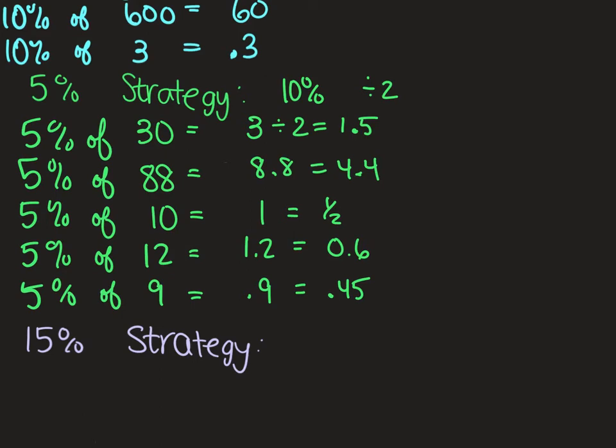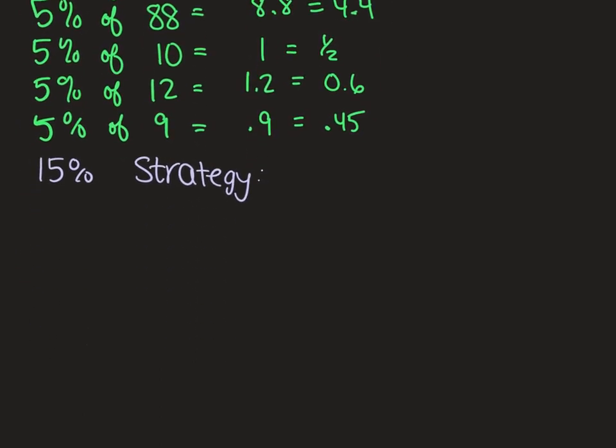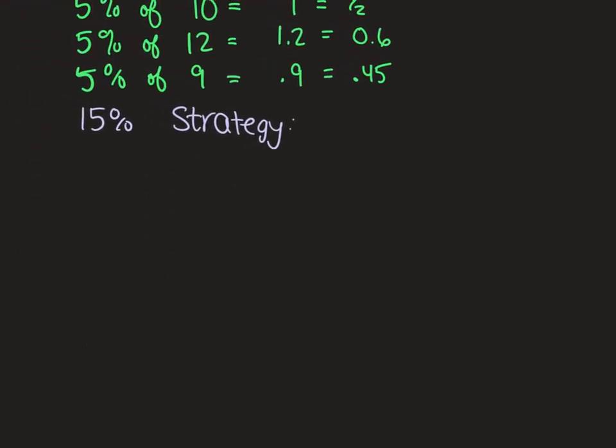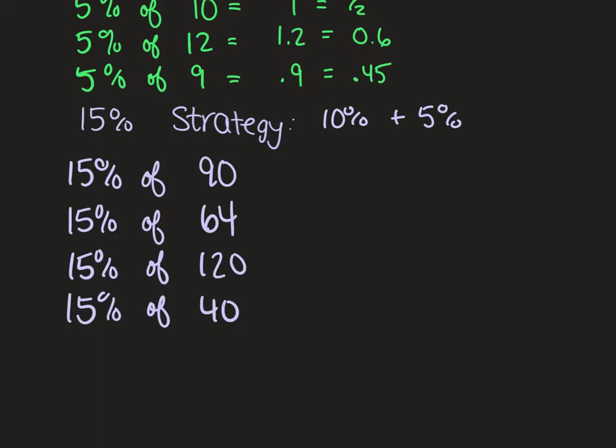Okay, 15%. The strategy is find 10%, find 5%, and add them together. Find 10, find 5, and add them together. All right, let's try these. 15% of 90. So 10% is 9. Half of 9 is 4.5. So if we add them together, we get 13.5.